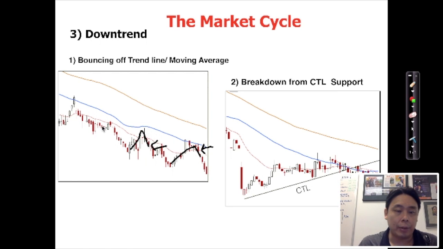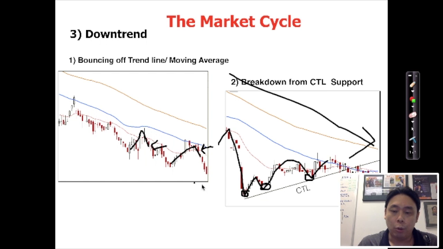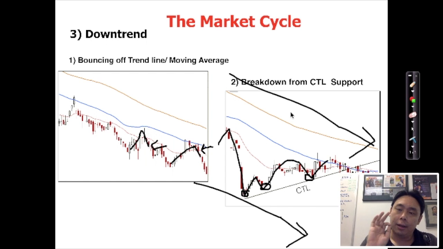Another pattern you see is that sometimes when it's coming down, it would tend to temporarily, in the short term, make higher lows. Again, the overall medium-term trend is down. The 50 is below the 150 moving average, below the 200 moving average. So it's overall downtrend, but in the short term, the price is making a counter uptrend, making higher lows.